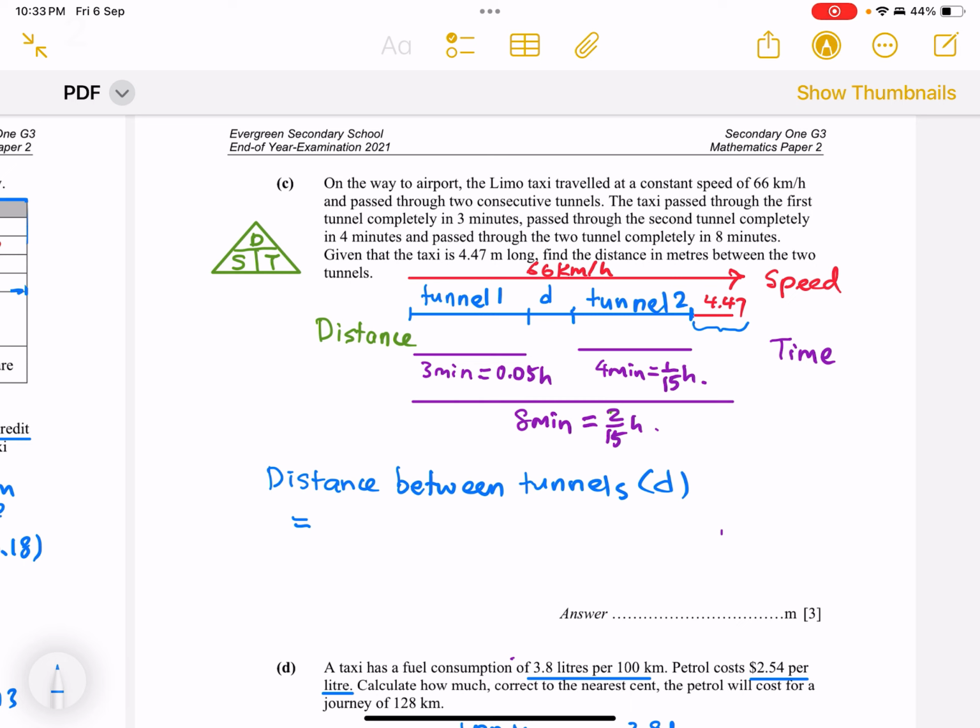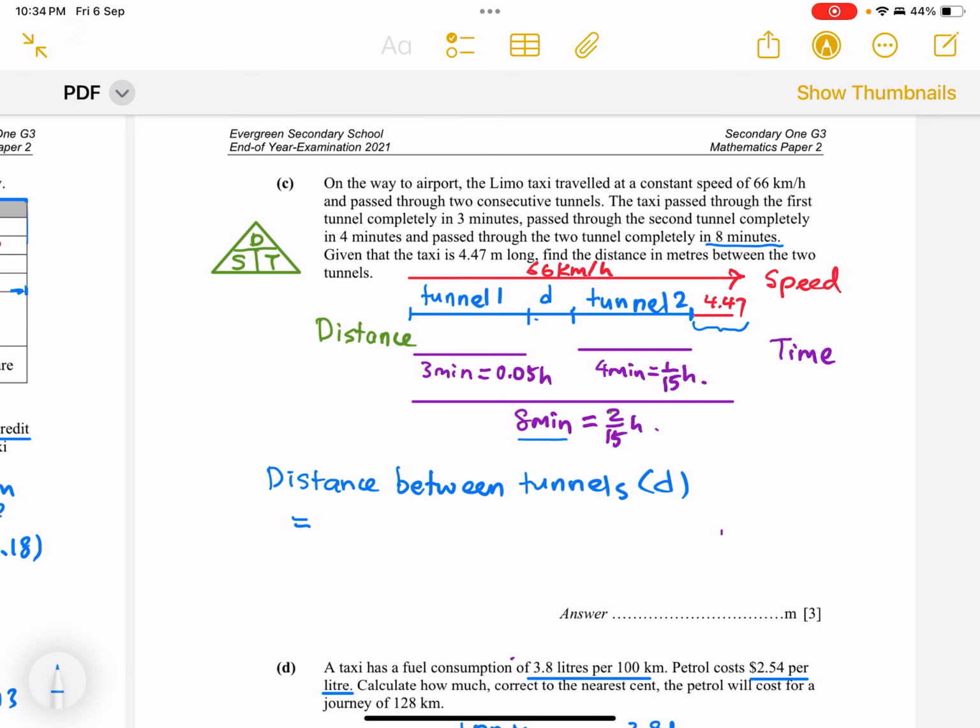So find the distance in meters between the two tunnels, which I give as D. It's given that it takes 8 minutes to cover the two tunnels and be finally out.